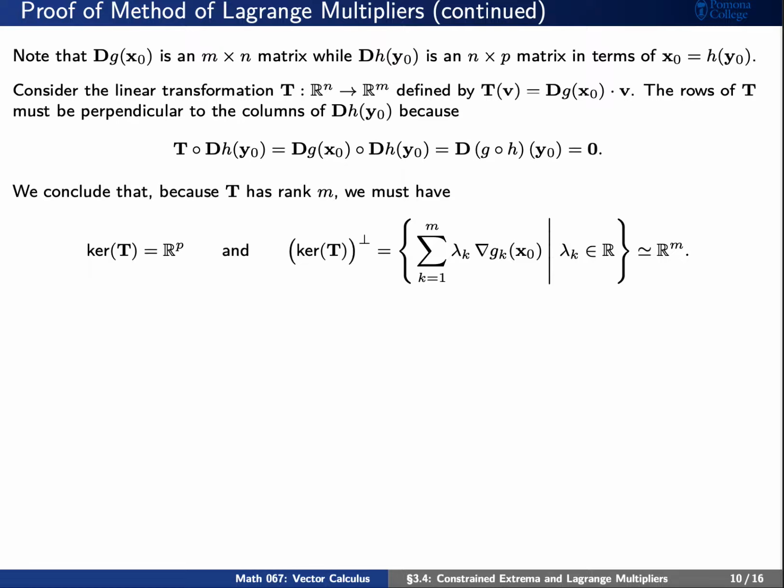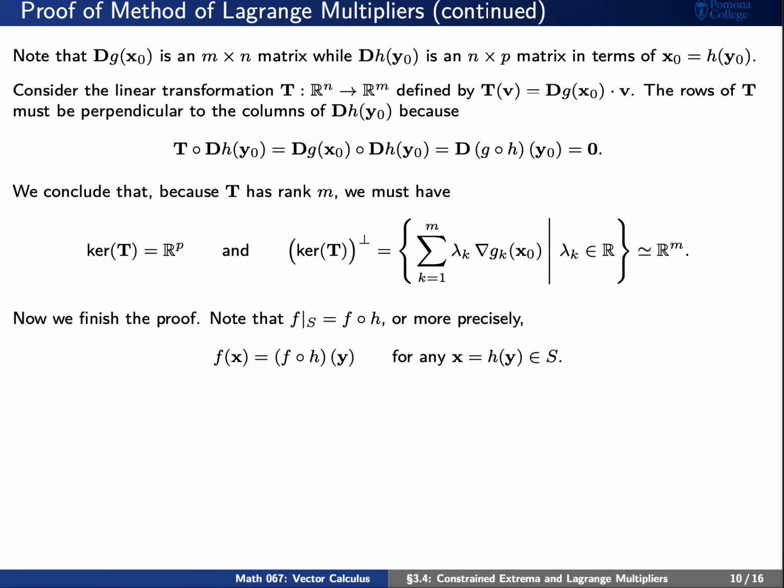Therefore, the orthogonal complement must be spanned by the rows of T. The rows of T, remember, are just the gradients coming from the different coordinates of our function g. And so saying that we have linear combinations just means that we have sums of the form lambda_k times the gradient of g_k, where the lambda_k's are just some scalars. This now is some m-dimensional space. We're going to come back and stare at this space a little bit more in just a moment.